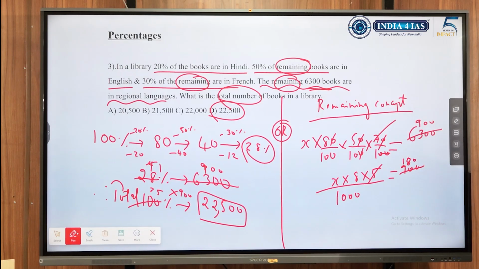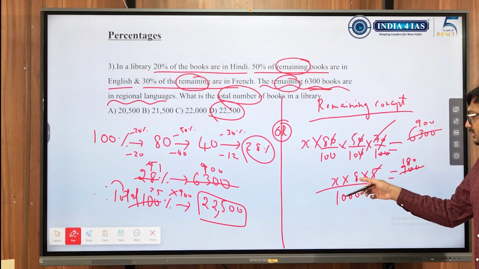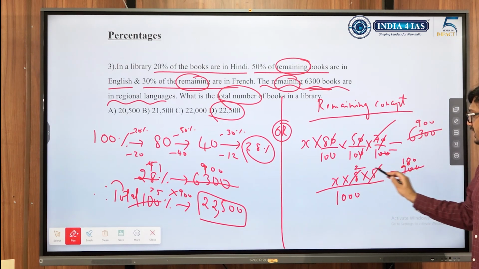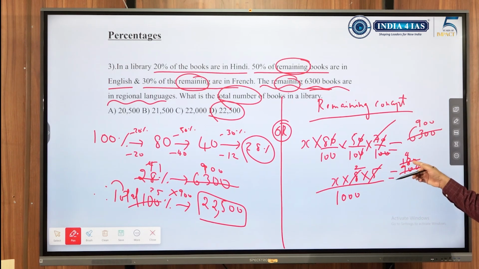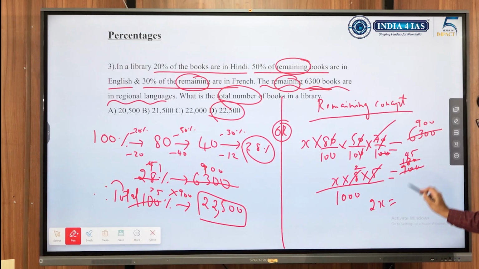After this, 8 and 180, 180 is not divisible by 8. So 4 2s are 8, 4 4s are 16, then 2x is equal to 45 into 1000, that is 45,000. X is equal to half of 45,000, that is 22,500.